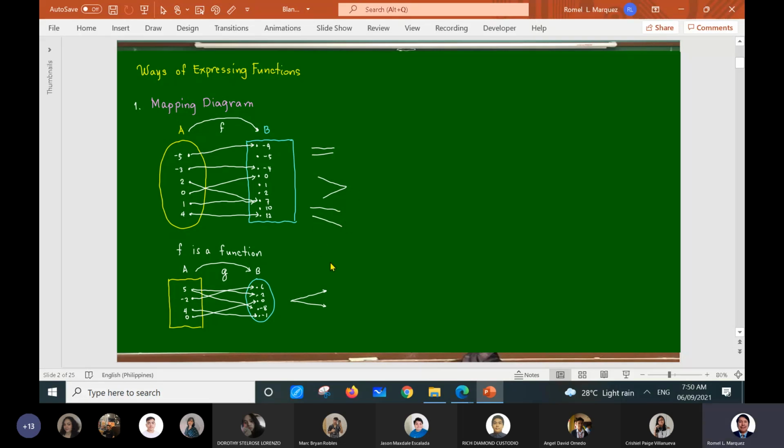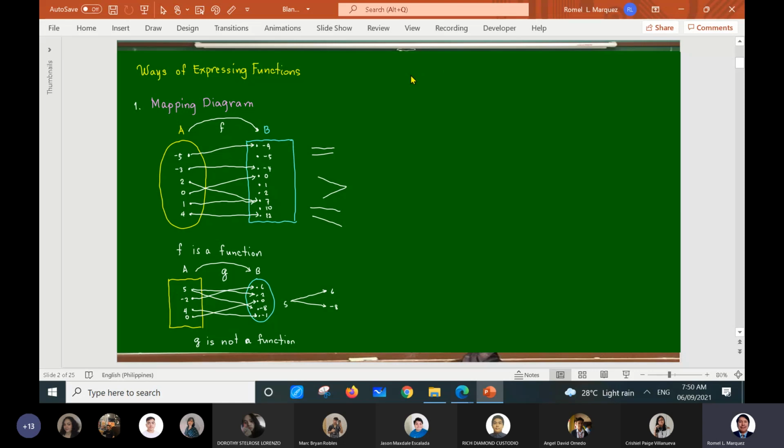Okay, guys? But if you have just one like this, like 5 going to 6 and -8, it looks like less than, right, guys? Get it, guys? Yes, po. Not a function. So we say G is not a function, meaning it is simply a relation. Take note that a function is a relation, but not all relations are functions. Clear now, guys?